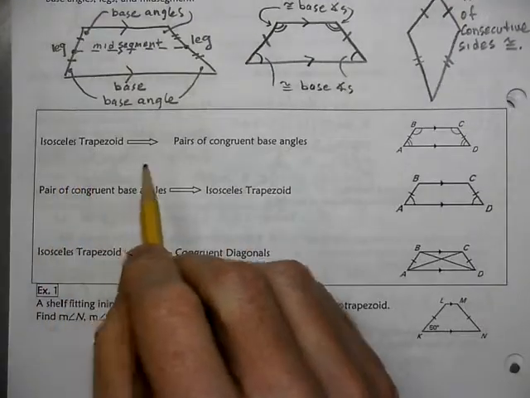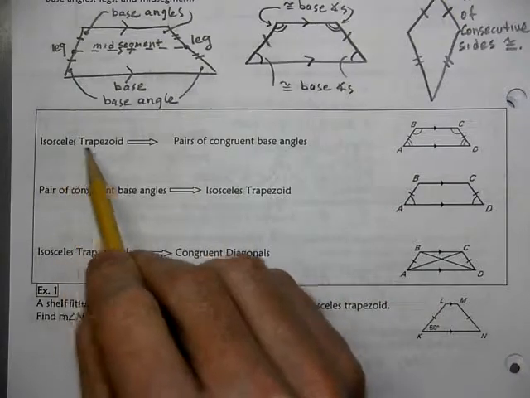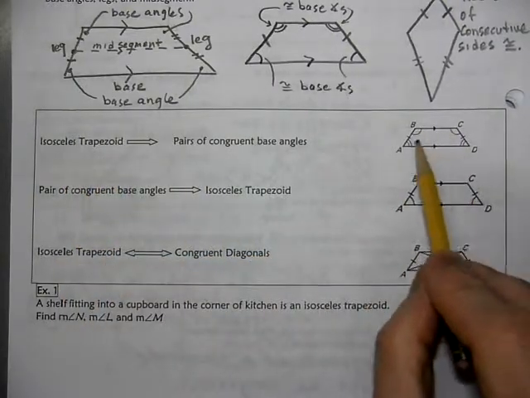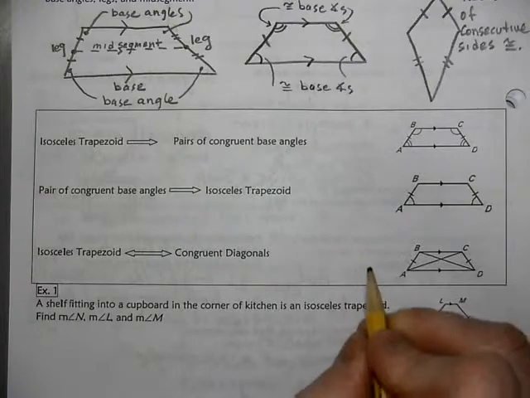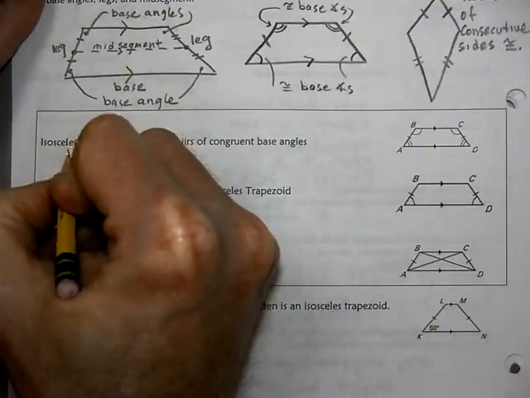Looking down at some of our theorems that we can talk about, if you have an isosceles trapezoid, you're going to have those two sets of base angles that are congruent.